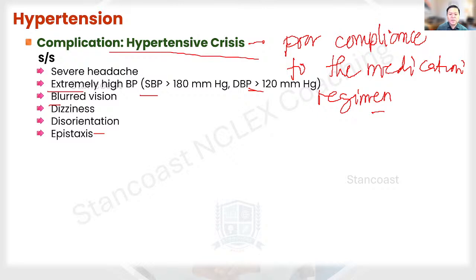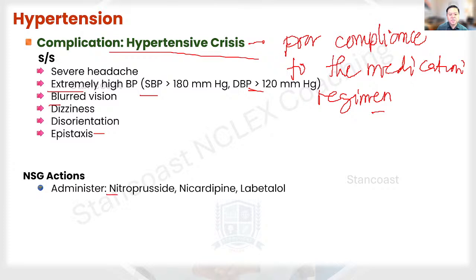And what are we going to do in order to intervene for this patient with the hypertensive crisis? Well, we're going to need high-powered antihypertensive medications this time. One of those medications is nitroprusside, or it could be nicardipine, or labetalol. So what is nitroprusside? This is a very powerful vasodilator.